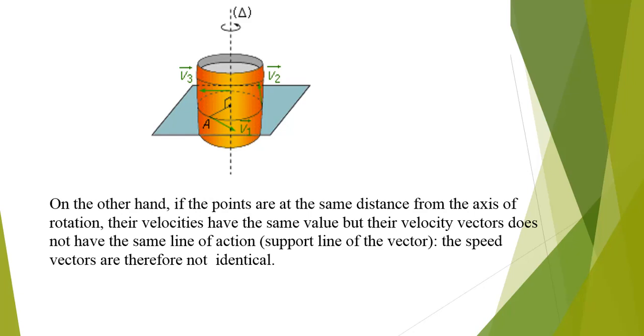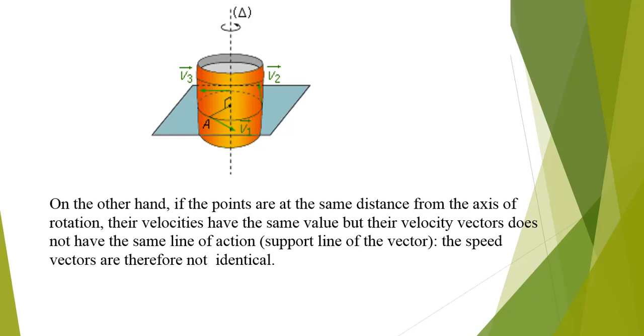In this figure, if we now consider a cylinder in rotation around a fixed axis delta, and we consider 3 points at the same distance from the axis of rotation.